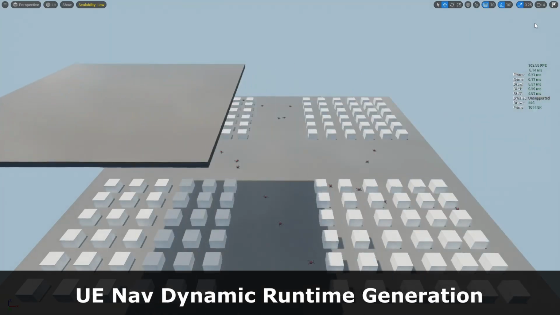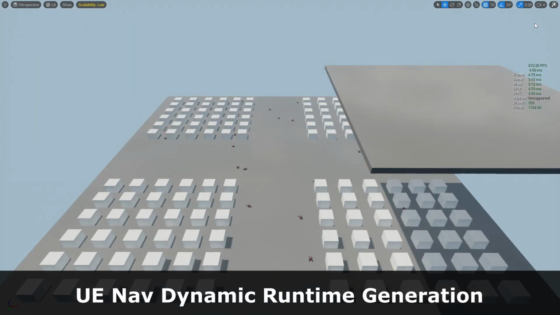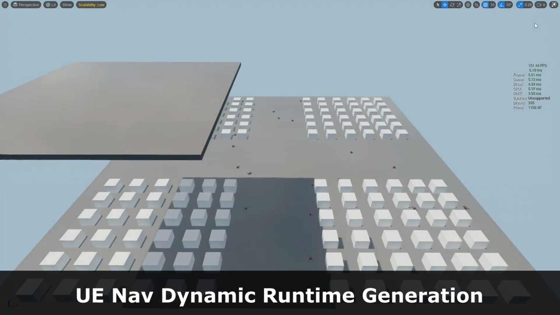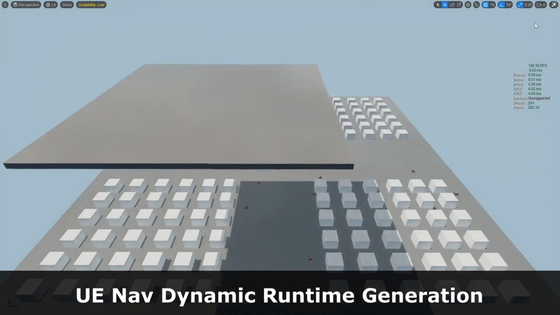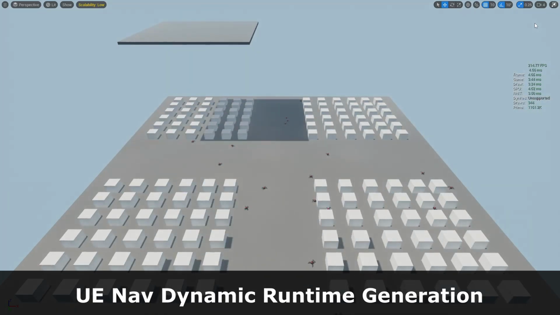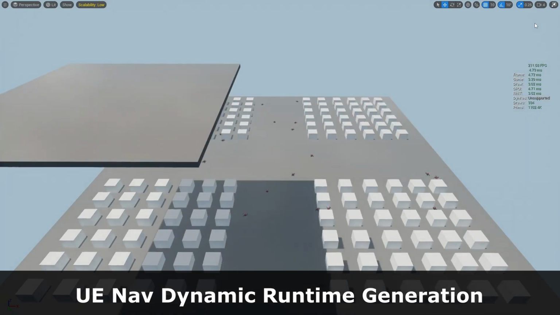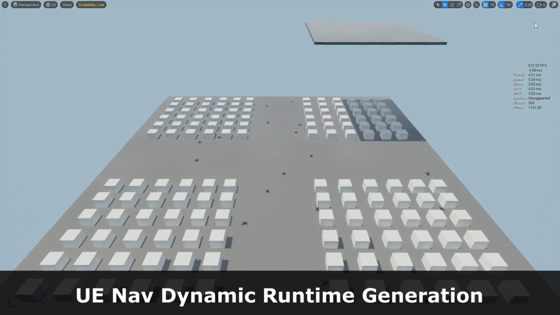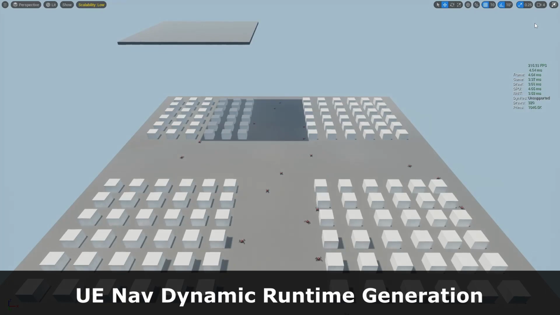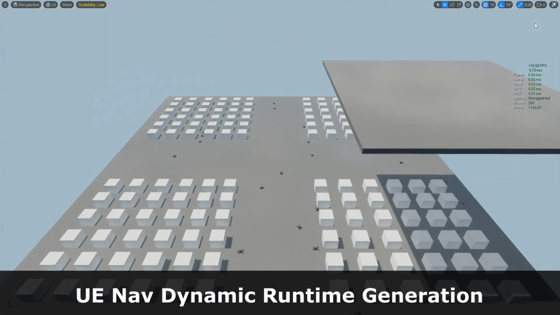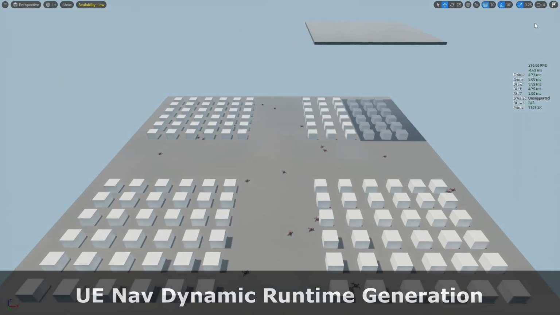In the FPS, we're dipping down to the 140s from time to time, sometimes 150s, and then going up to almost 220 at times. What's happening is when the platform is moving, it's regenerating the navigation, causing that dip. So between 140 and let's call it 220.